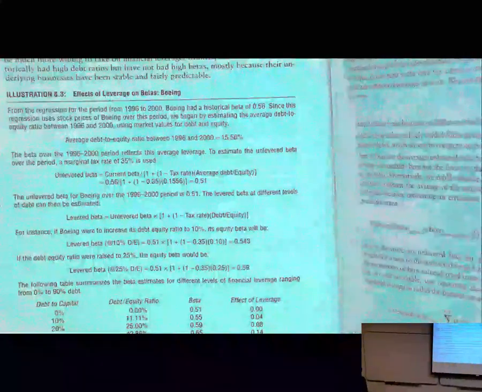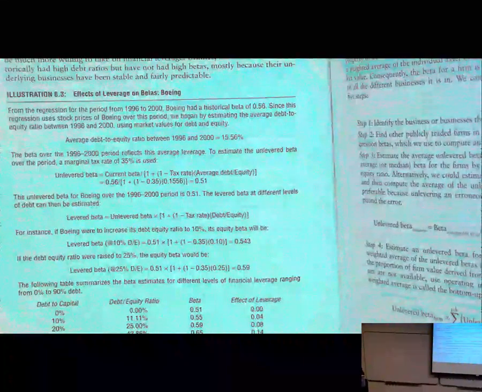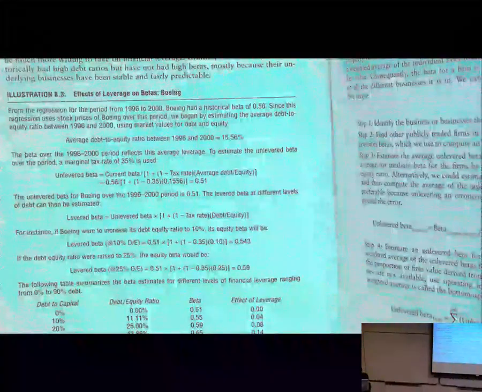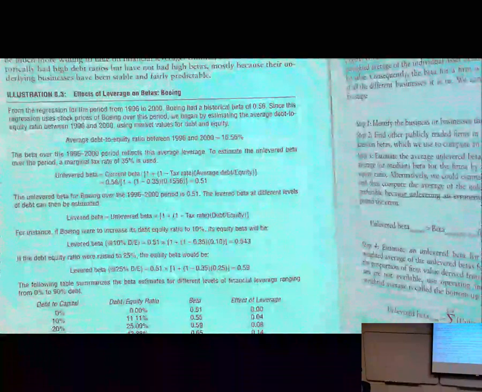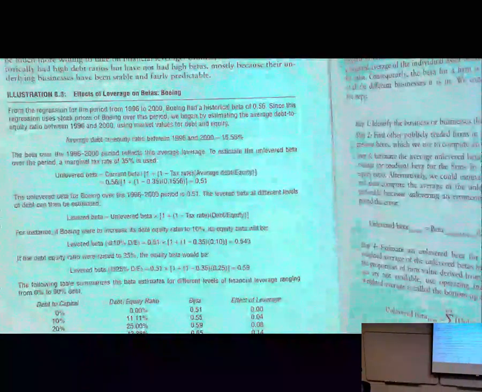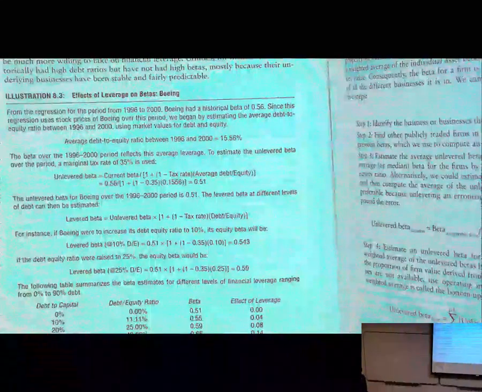And we know that in the future, Boeing will change that debt ratio significantly. Therefore, our beta from the regression is not reliable. First of all, from the regression, we see that beta is 0.56, with the current 15.56% debt to equity ratio.